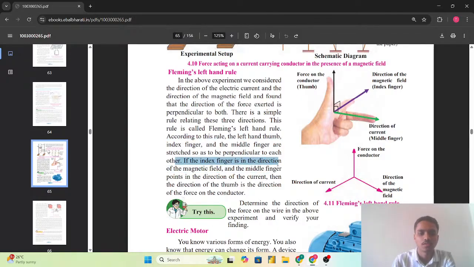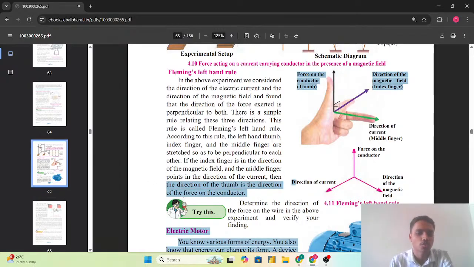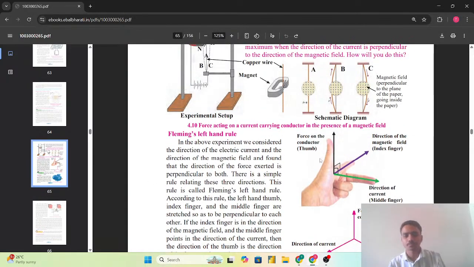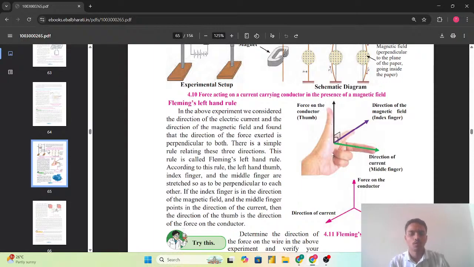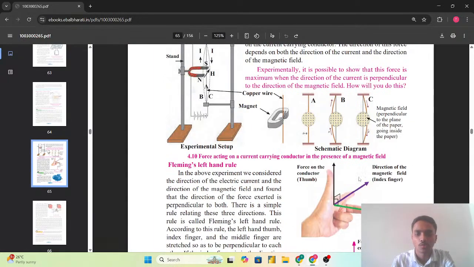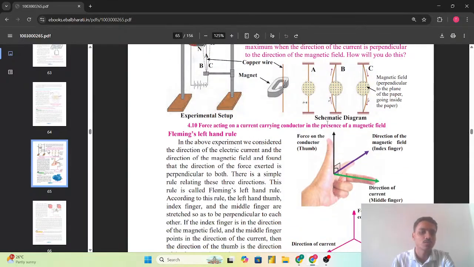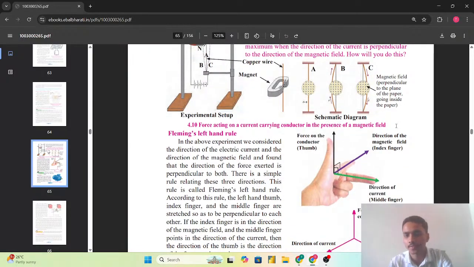If the index finger is in the direction of the magnetic field and the middle finger points in the direction of the current, then the direction of the thumb is the direction of the force on the conductor. So according to this rule, we can see in which direction the force is acting on the current carrying conductor.